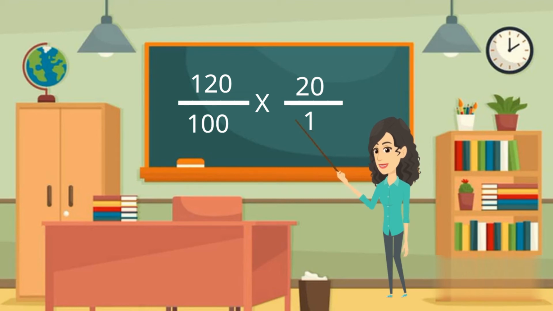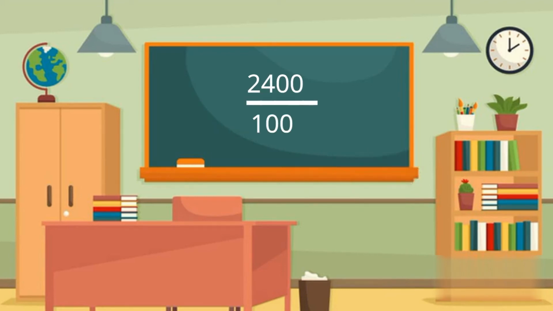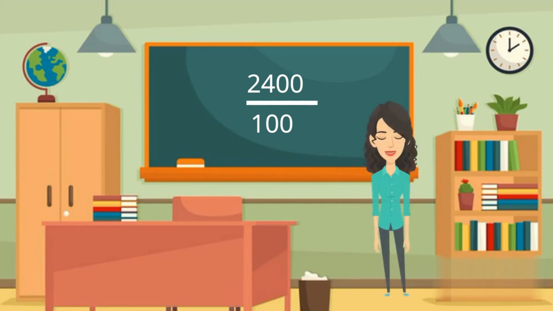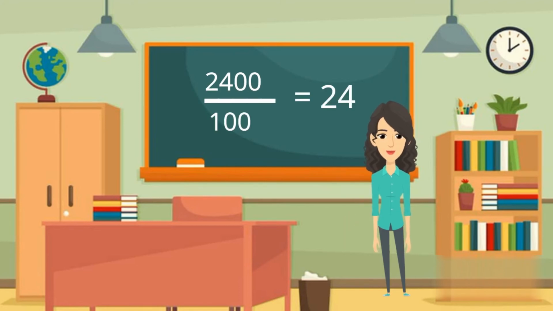Fourth step, we do the multiplication, 120 times 20, which is equal to 2,400 over 100 times 1, which is equal to 100. Now, we have got 2,400 over 100, which can be written as 24. So, we can see that 120% of 20 is 24, which is greater than our starting number 20.